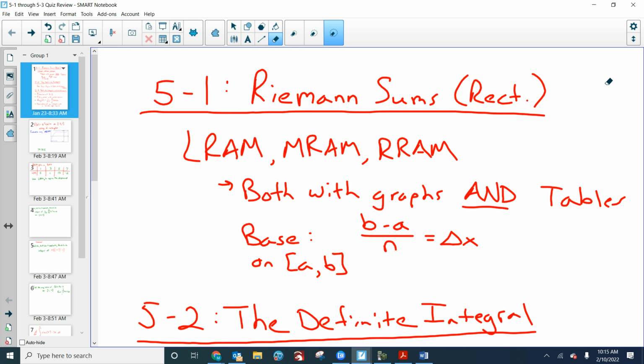The definite integral, being able to convert from a Riemann sum notation into definite integral notation. There was one, I'll be honest, we ran out of time and things got really broken up with the snow days. And so that was the next level of converting from Riemann sum notation into definite integral notation.